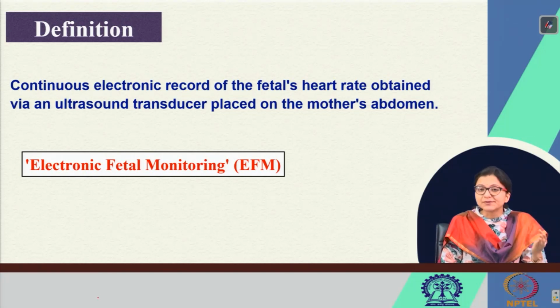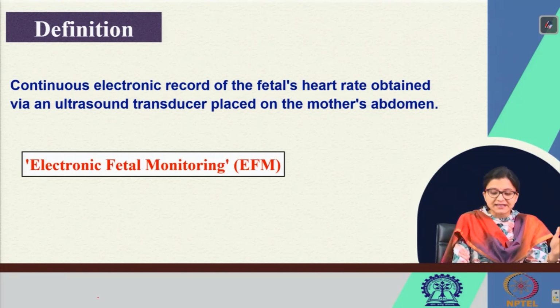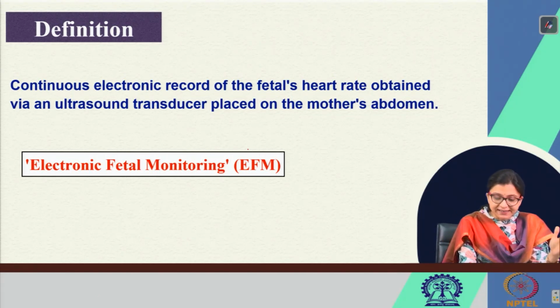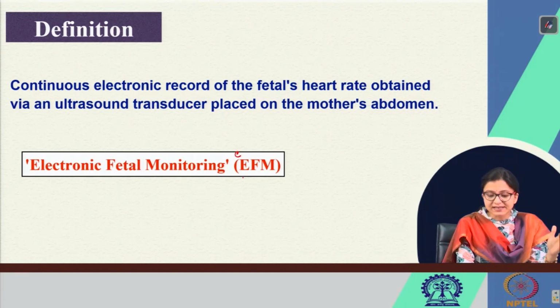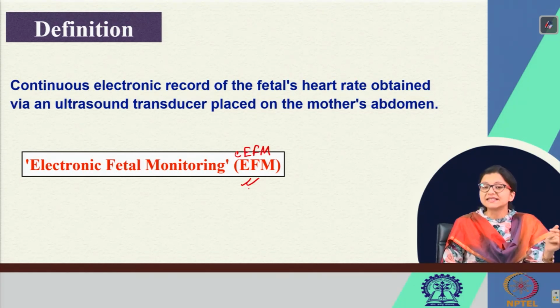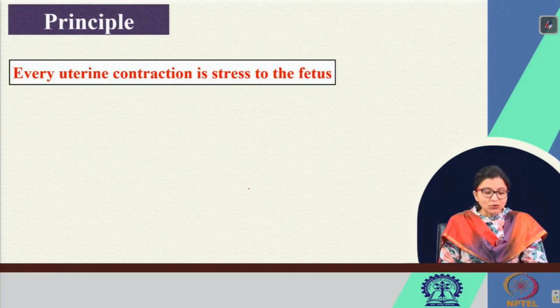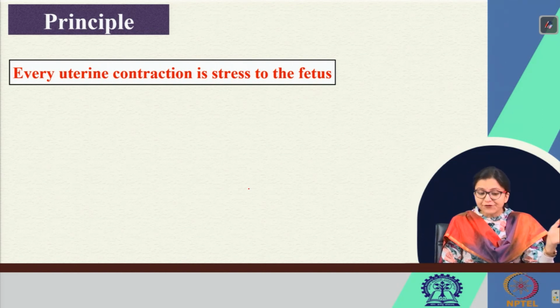Now, coming to the definition, what is CTG? It is a continuous electronic record of the fetal heart rate obtained via an ultrasound transducer placed on the mother's abdomen. It is continuous; there is no role of intermittent CTG.